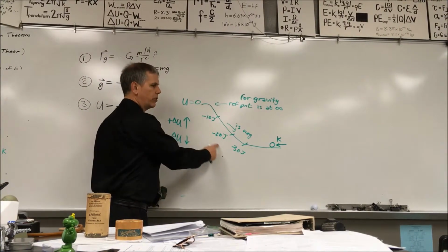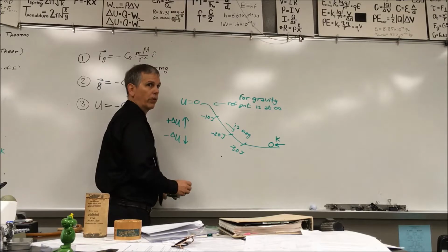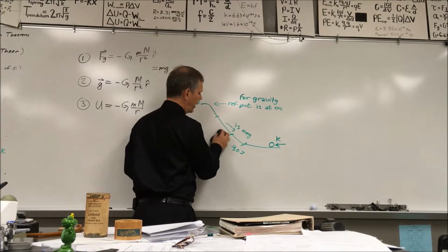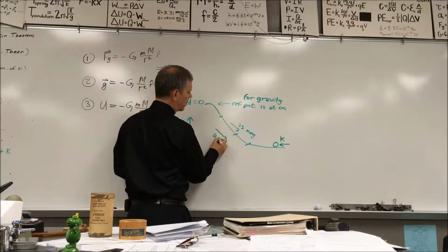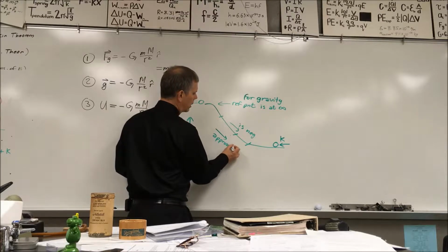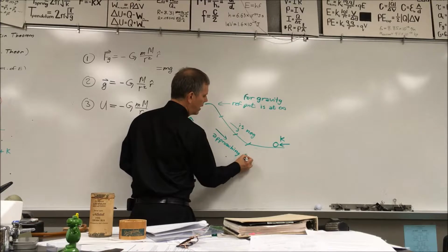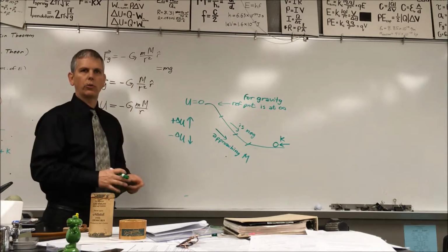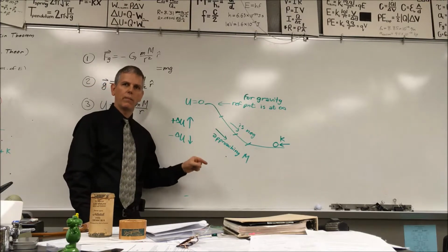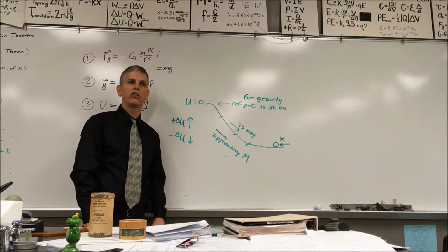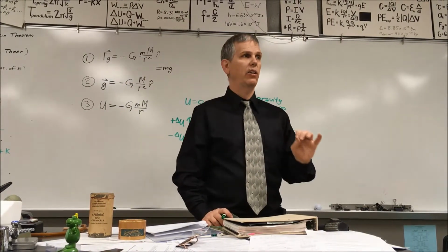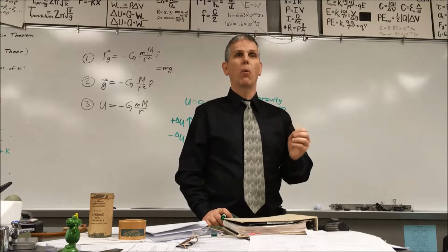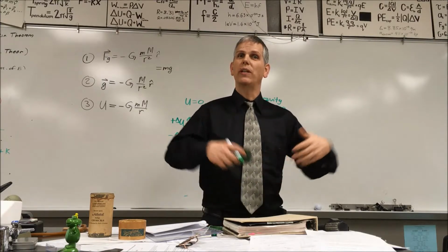Now, it's not 10, 20, etc. It's a lot more than that as you get closer and closer to the planet. So this would be approaching the planet, or approaching M. As you get closer to M, you have more and more negative potential energy, and as you have more negative potential energy, you need more kinetic energy to get out.